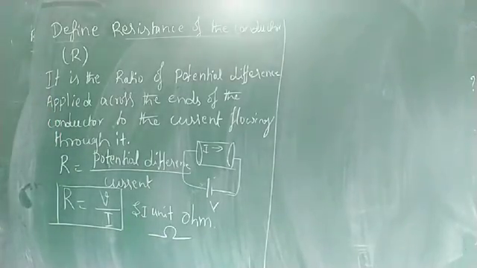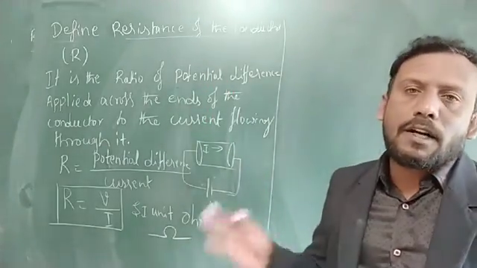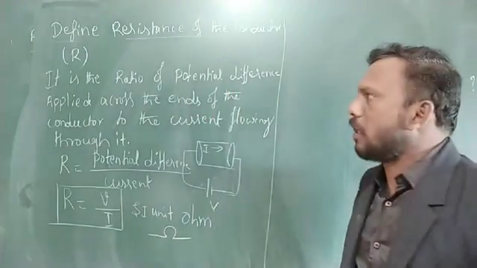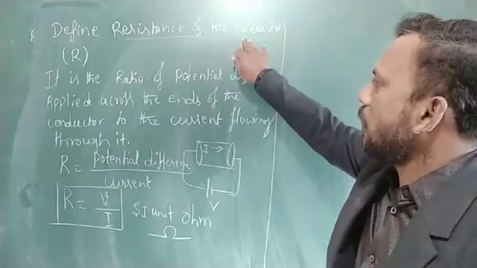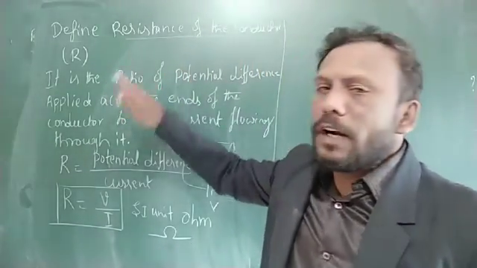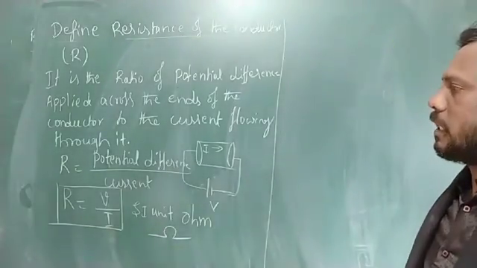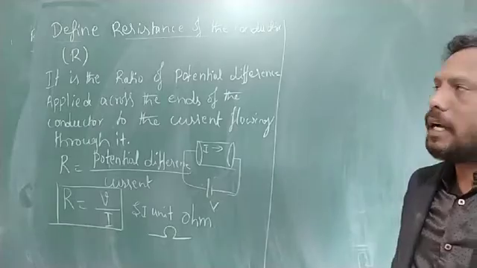Defining the resistance of the conductor and asking what is the resistance of the conductor are different. If they ask to define it, it is the ratio of potential difference applied across the ends of the conductor to the current flowing through the conductor.